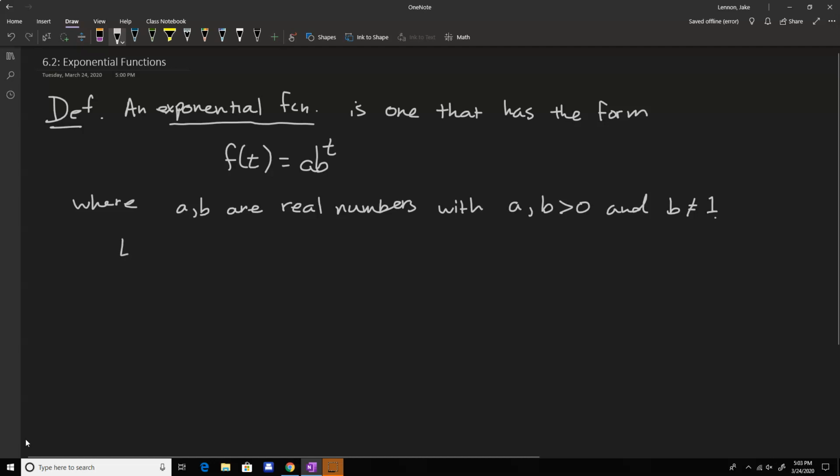So again, the defining characteristic that you would notice is that this is characterized by a multiplicative change in the output. So b is known as the exponential base.